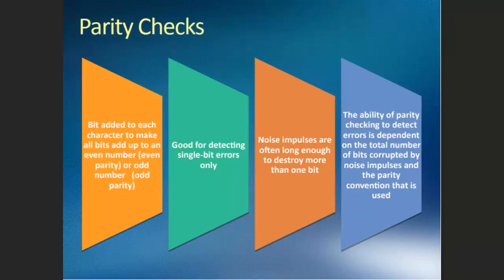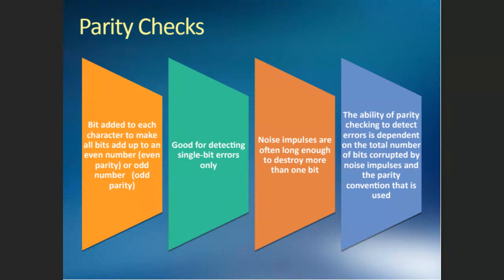So you want to make sure it's even, so you add a bit. Okay? That's just an example. So we call this parity check. So if I tell the receiver, I am sending you an odd, okay, and he receives an even, then this means there is an error. So it's a very basic method.